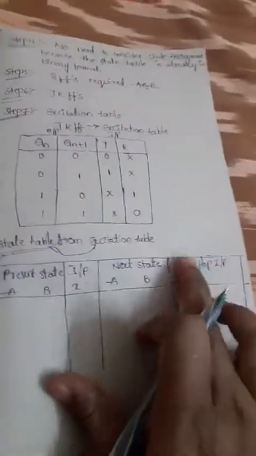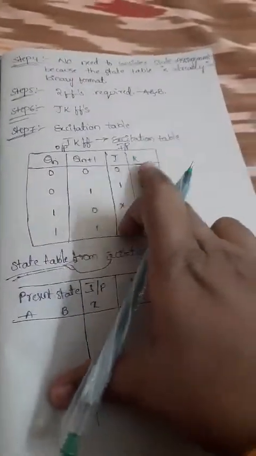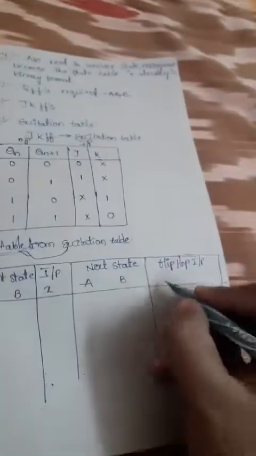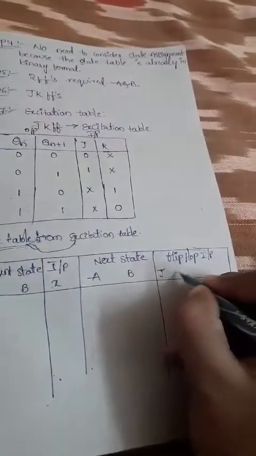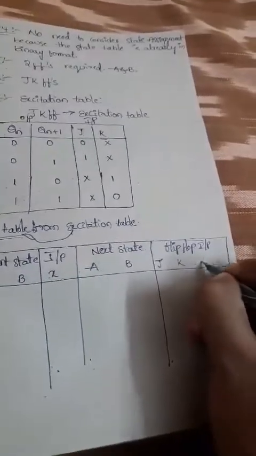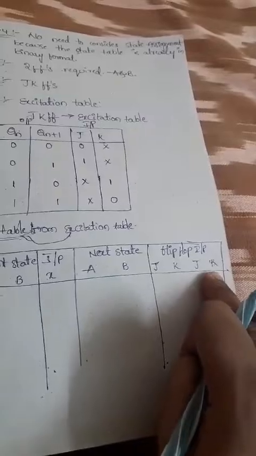Flip-flop inputs: how many inputs do we have? J and K, 2 inputs. But how many flip-flops are we taking? 2 flip-flops. So for a single flip-flop there are 2 inputs, and for 2 flip-flops we have 4 inputs: J, K and again J, K. This is the first flip-flop and this is the second flip-flop.